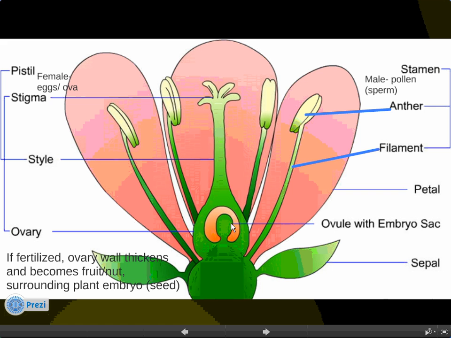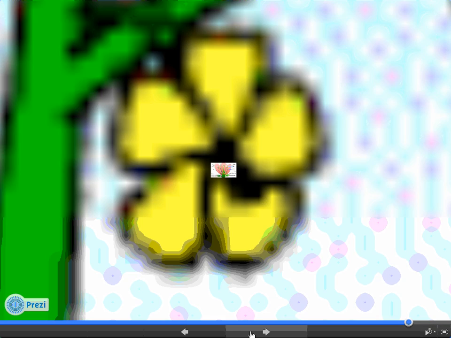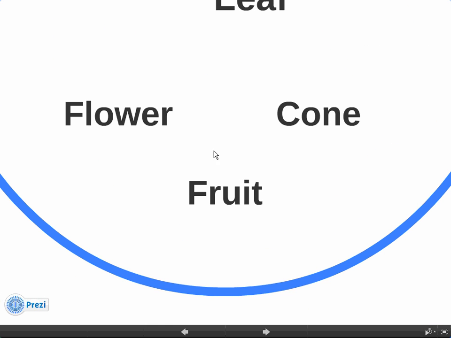And right here, the egg, once the egg is fertilized, it becomes a seed, which is a plant embryo, a little baby plant. And it's surrounded by the thick ovary walls, which are the fruit. So flowers, cones, and fruits all are reproductive organs. They work pretty much the same way.